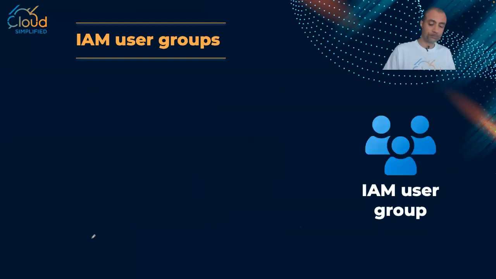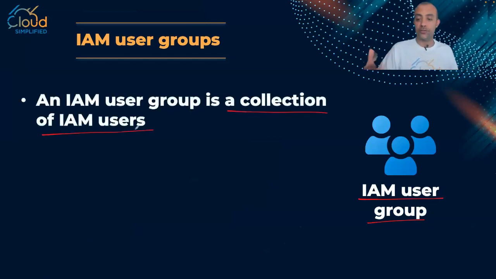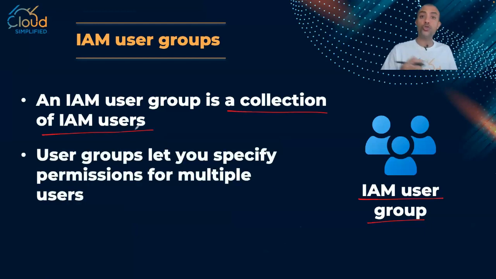And then next, as we explained, the best practice is I need to add this user into an IAM user group. This user group is a collection of IAM users, very simply, and the user group will let you specify what we call permissions for multiple users.